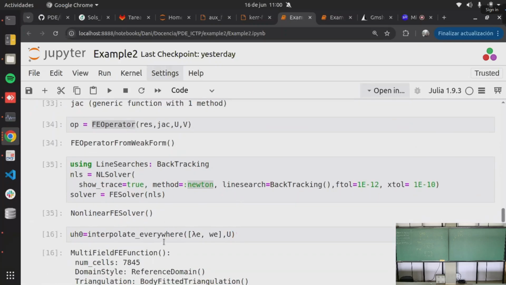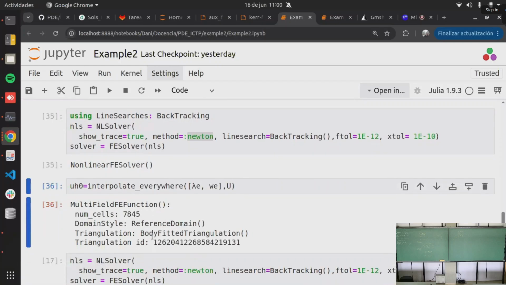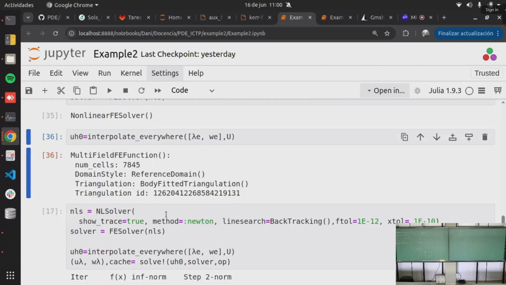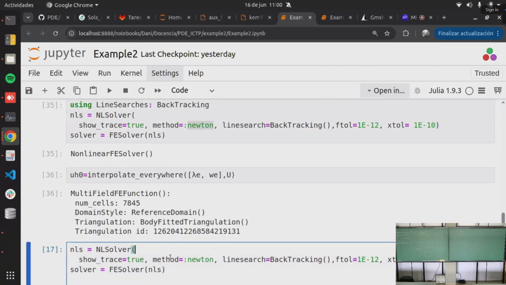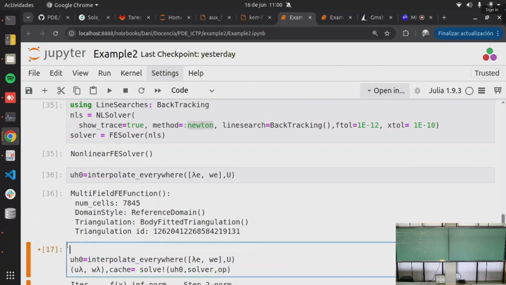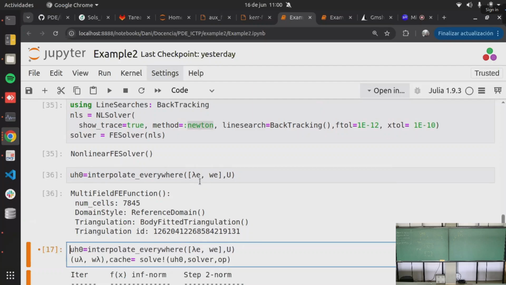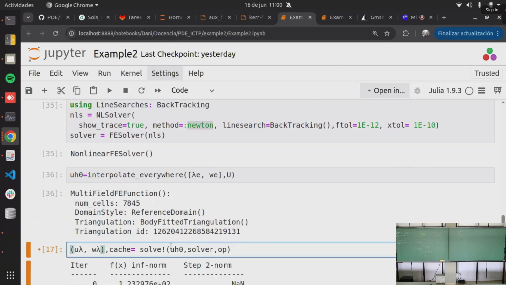After that, we are cheating the code because it's a complicated system, and I use the exact solution for the seed. It's unnecessary, but I had the exact solution, so I could interpolate everywhere in the triangulation.